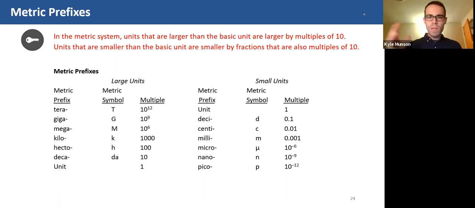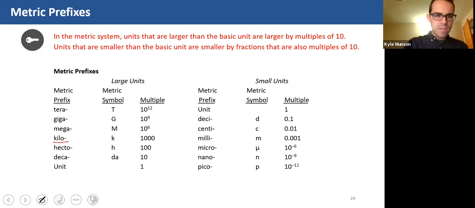So this is a really big table that shows all of this, where you have a metric prefix like kilo. It has this symbol K, and remember that was in front of the symbol for gram, G, kilogram. And it says here its multiple is 1,000, which means, and we'll see this as we go to some examples, that there are 1,000 grams in 1 kilogram.